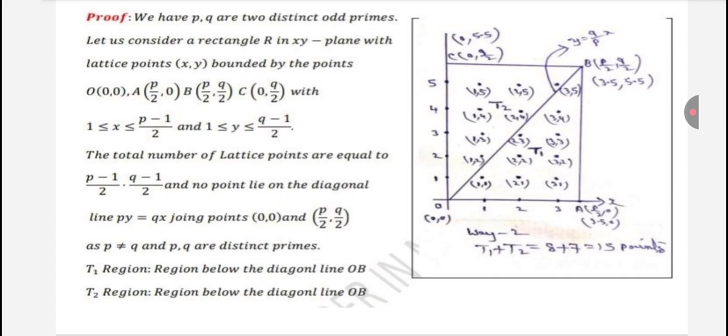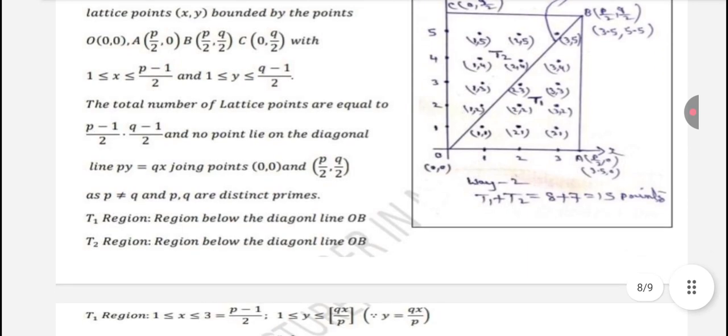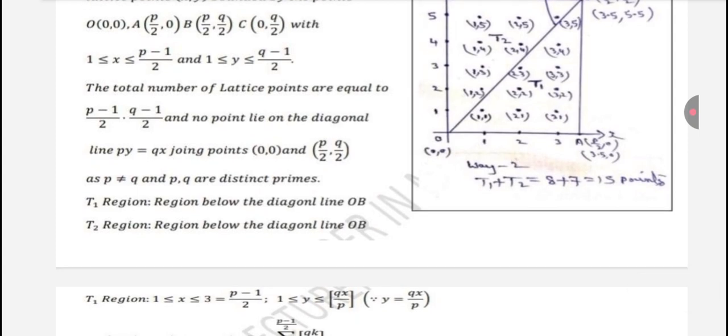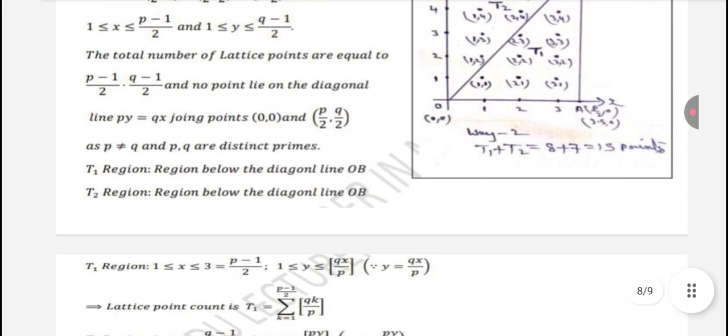As p is not equal to q and p, q are distinct primes, T1 is the region below the diagonal OB and T2 is the region above the diagonal. Here it is a print mistake, it is written as below, but it should be above the diagonal line.